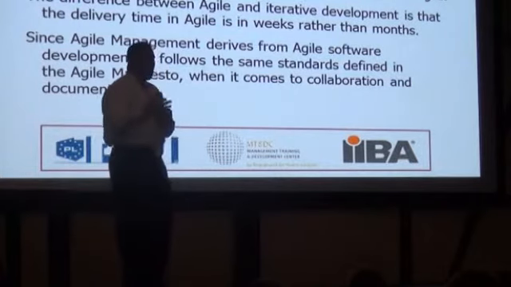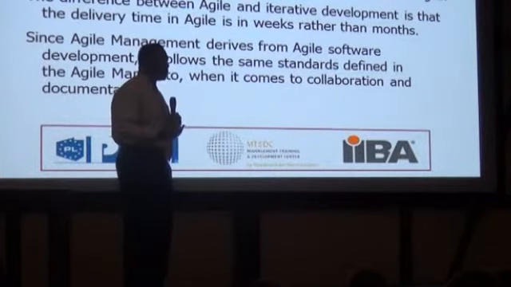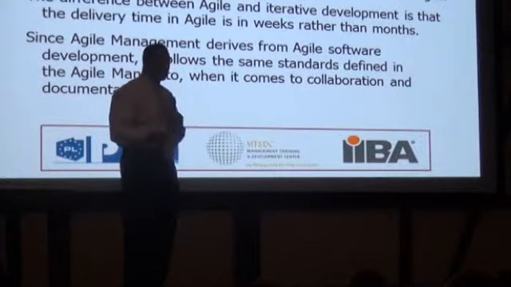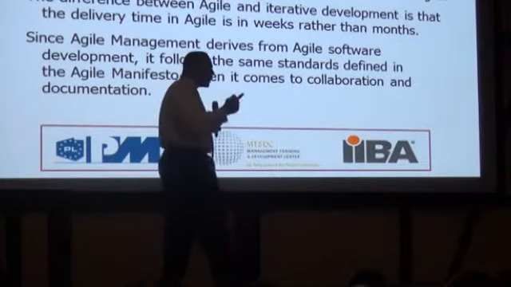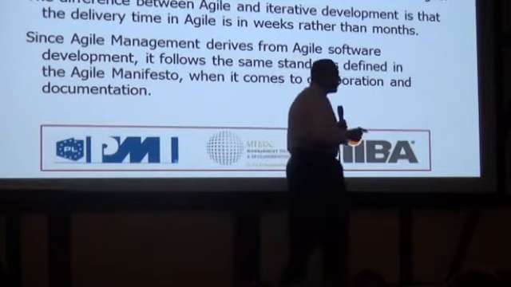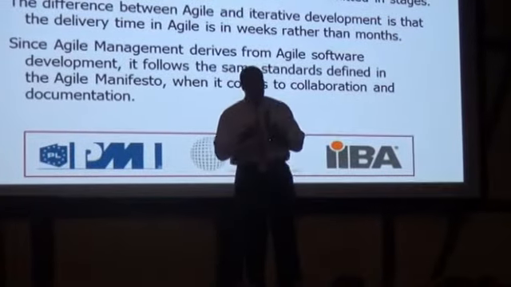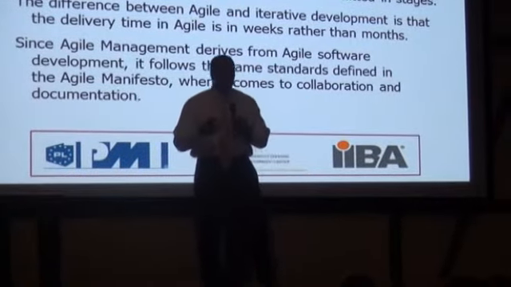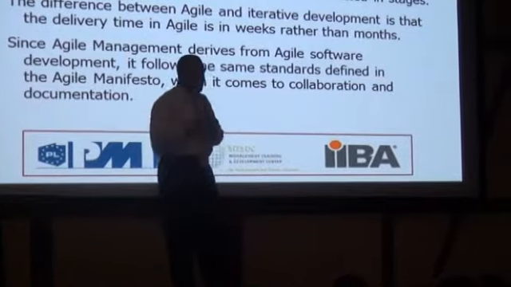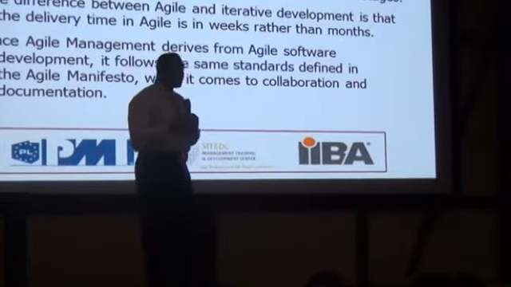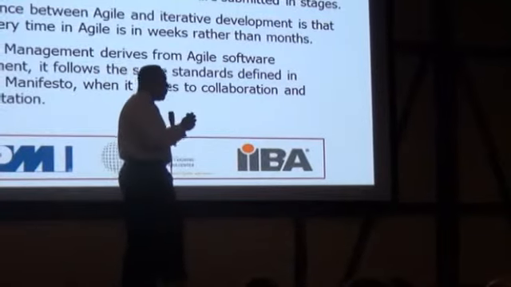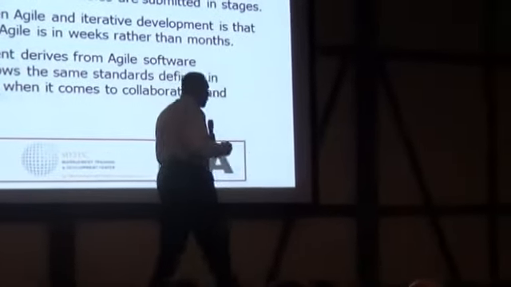Now, some would ask, what's the difference between Agile and iterative? One of the fundamental differences is Agile is based in shorter time frames, typically weeks, whereas iterative is going to be in months. Other things that make a difference between Agile and, say, iterative is how the teams work together.